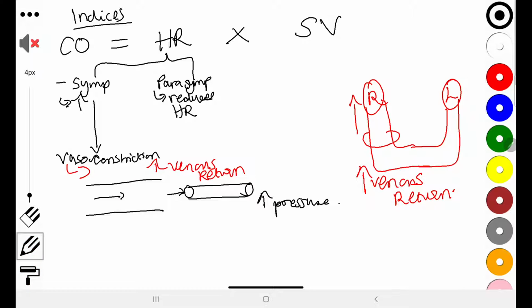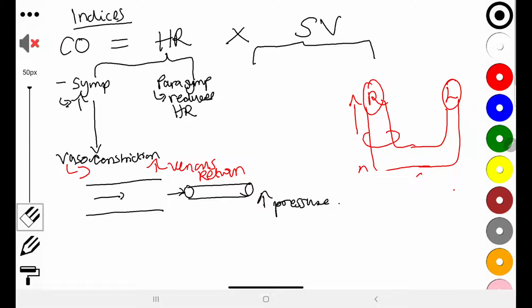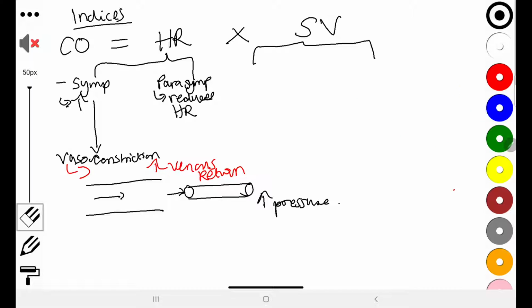Okay, let's go to the stroke volume. The stroke volume, as I said, is literally how much blood comes out due to an impulse from the SA node.